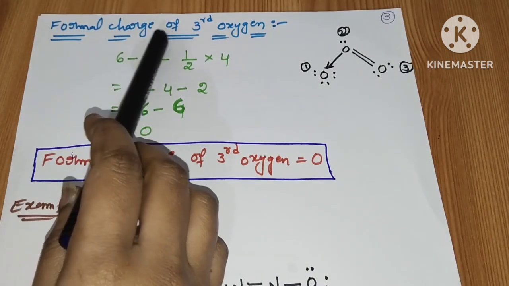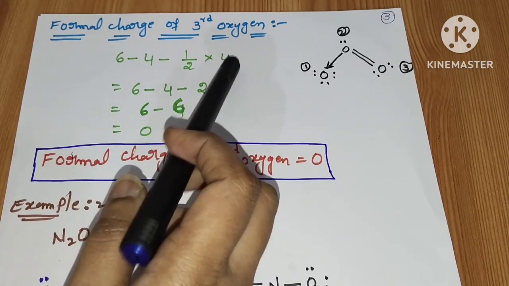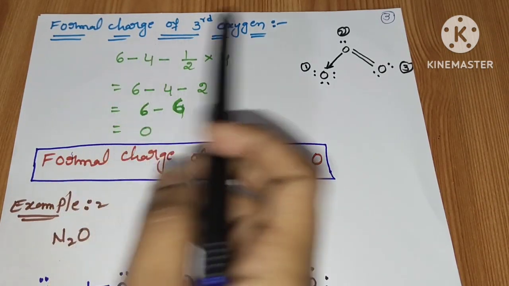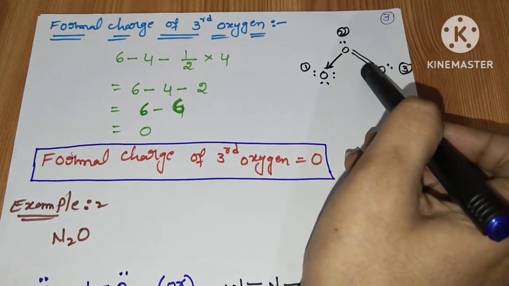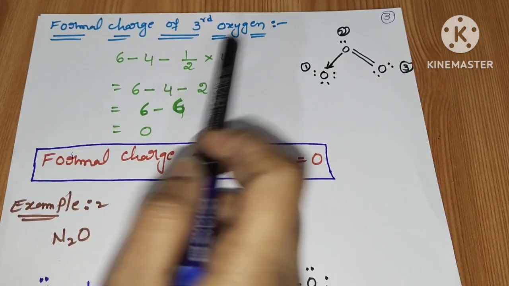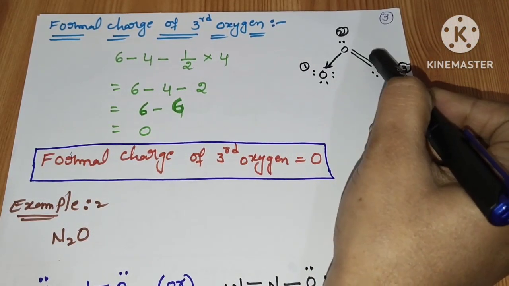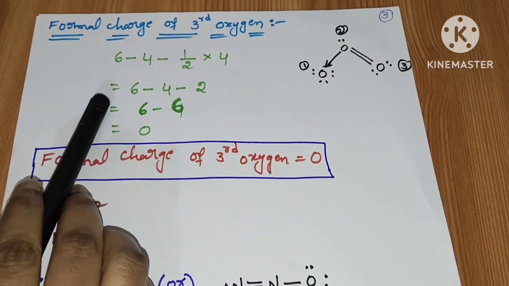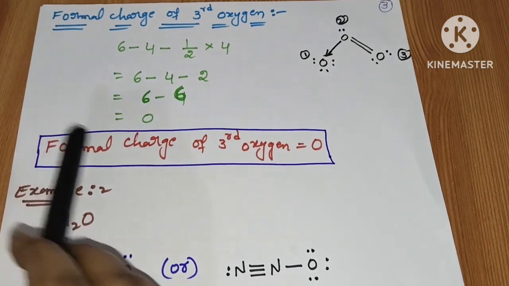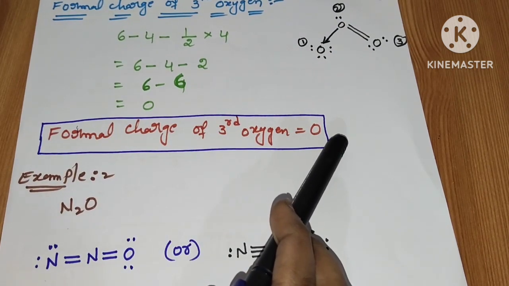Let's see the formal charge of the third oxygen. We all know valence electrons of oxygen is 6, minus how many lone electrons are here? 1, 2, 3, 4, minus half times how many bonded electrons are here? 1, 2, 3, 4. 6 minus 6 equals the formal charge of the third oxygen, which is 0.